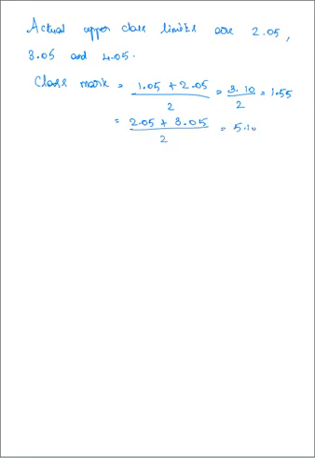5.10 by 2 equal to 2.55. Then 3.05 plus 4.05 divided by 2 is equal to 7.10 by 2, sorry, 3.55.